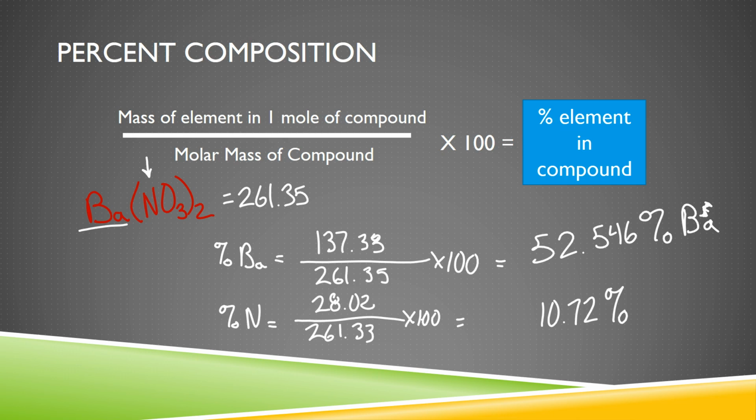Or we could do it the other way, and we should get the same number. That's a good way of checking. So percent composition is simply that, and it's fairly straightforward. We just really need to know that formula to be able to do it.